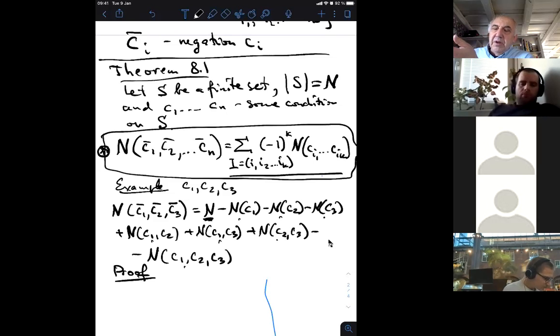And in this way, our proof of the formula would be completed. Okay, how do we do this? Well, let's pick an element which lies in just one Ci and not in any other.